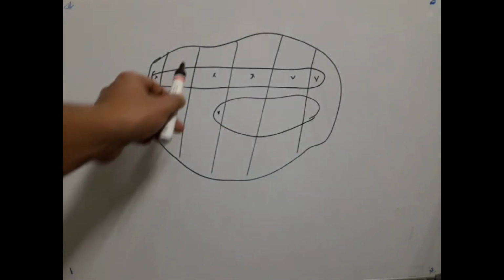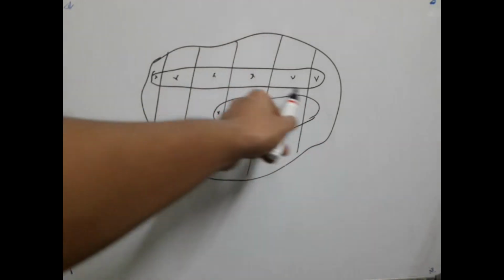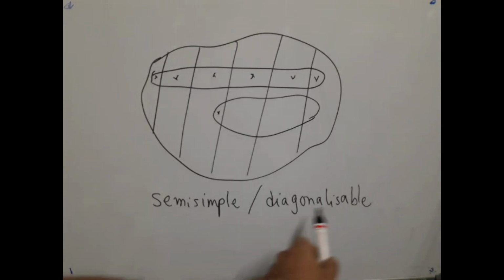Now, all matrices which lie in blocks that are touched by this diagonal matrix set are called semi-simple, or sometimes diagonalizable. Our Rao Bhimasankaram book brings up a term called diagonable, which is not at all standard. They just made up their own terms.